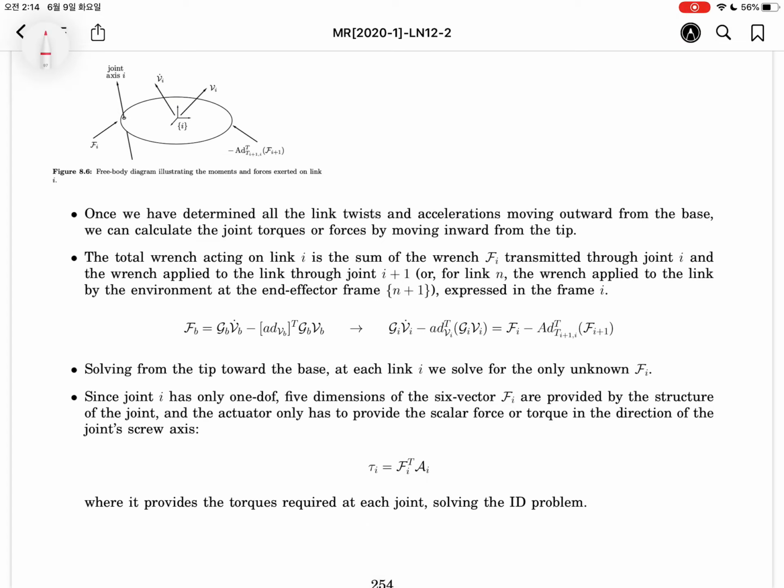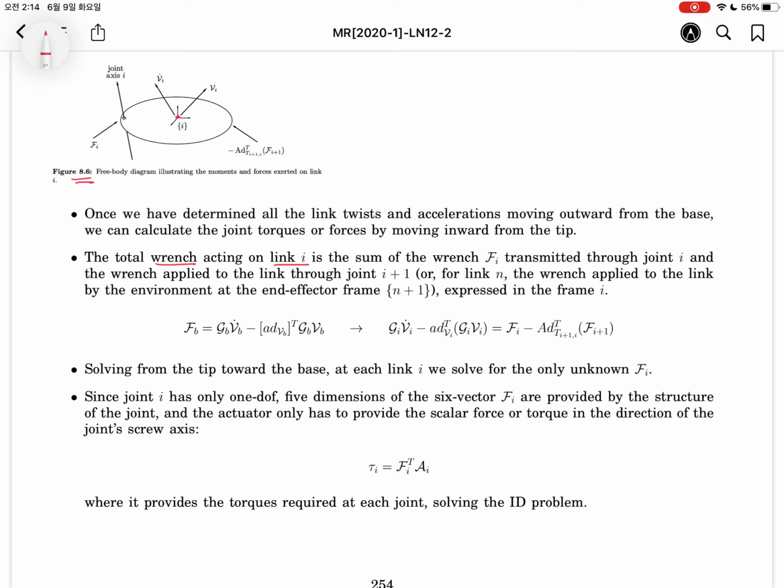After determining all the link twists and accelerations, moving from the base to the last link, we can write the wrench equation acting on link i from the end side to the base. Let's consider figure 8.6.